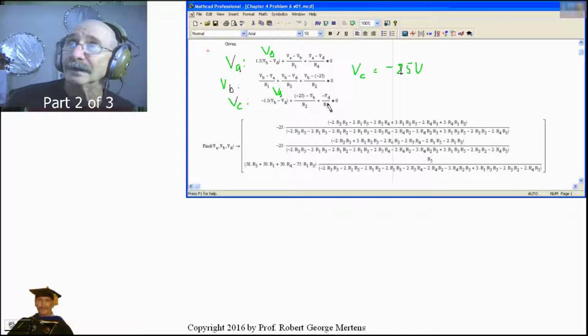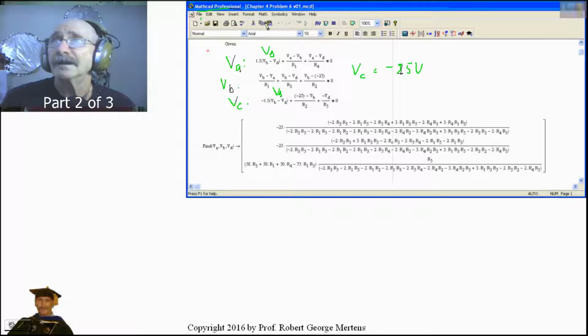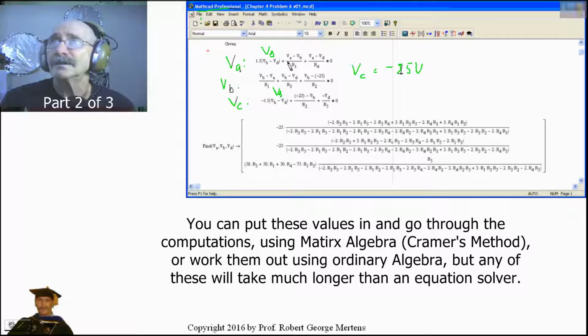So I wrote these, this of course is Mathcad Professional, and you can see I'm using Mathcad to determine these. I could just do this by hand, put numbers in for R1, R2, and then just solve for VA, VB, and VD, but I don't want to do all that.